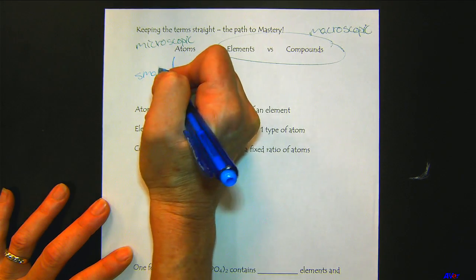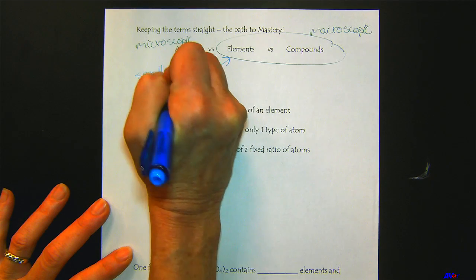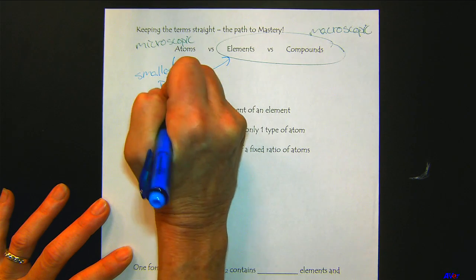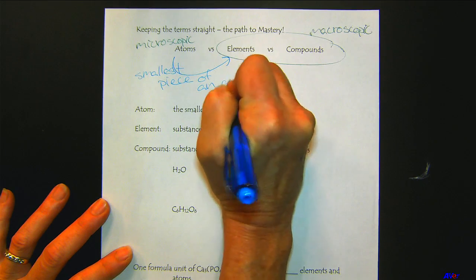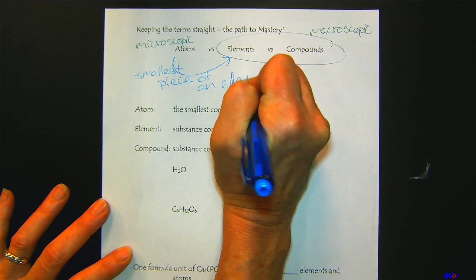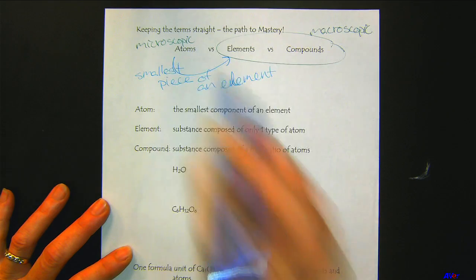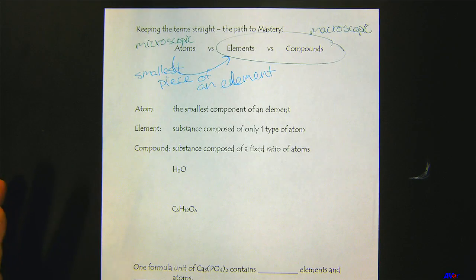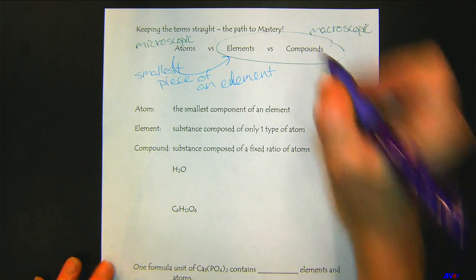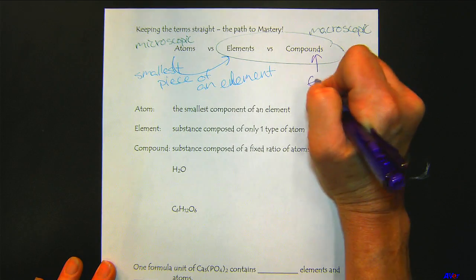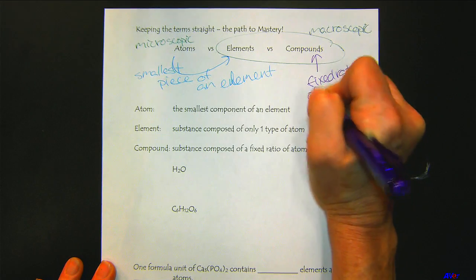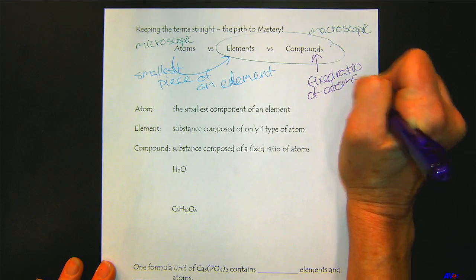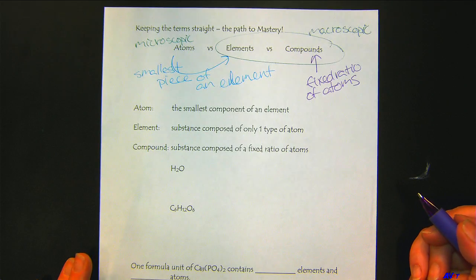Just think back to Democritus, the atmos. We often communicate with atoms and elements kind of synonymously, but they really are different. And compounds are the fixed ratio of atoms that form a particular compound.